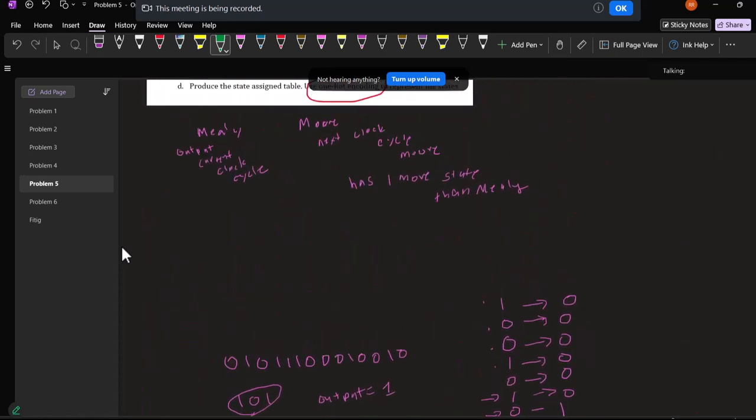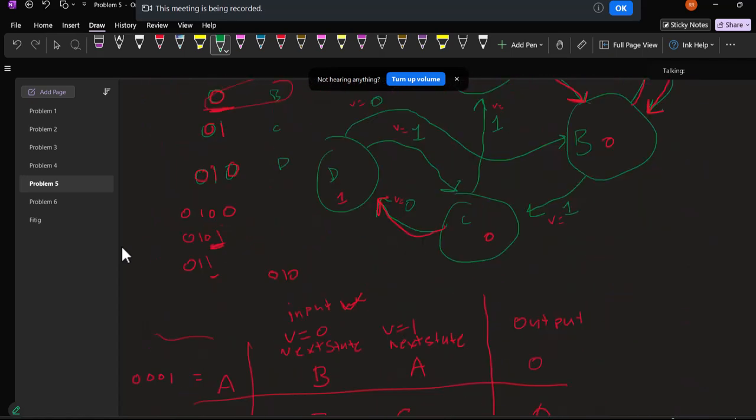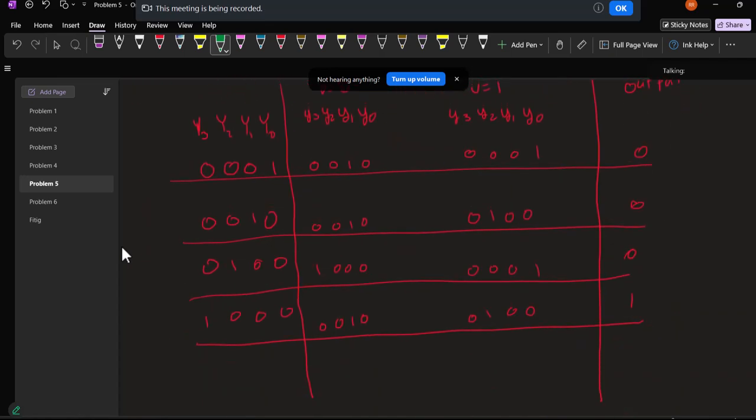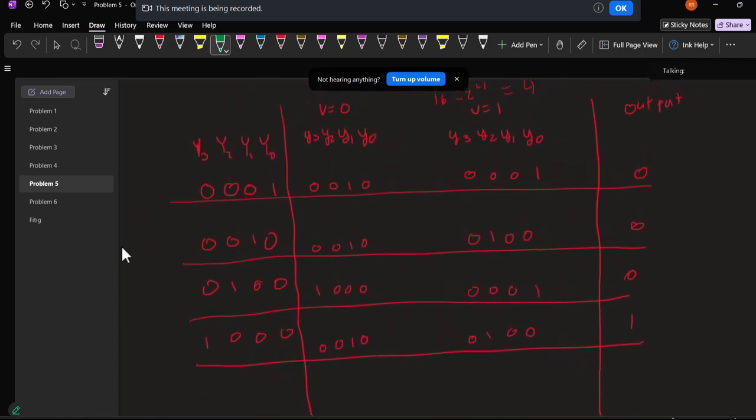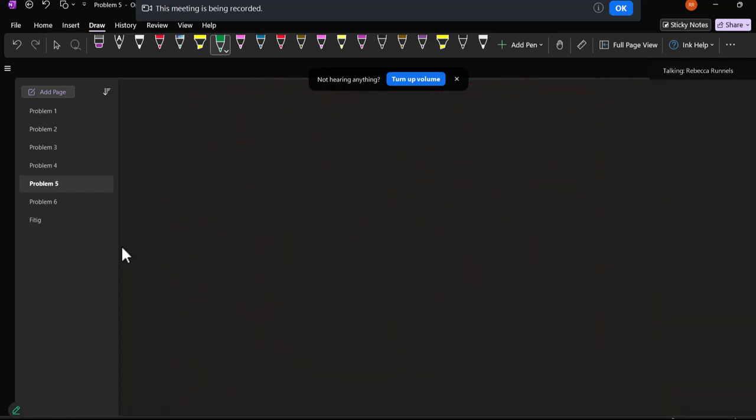So, yeah. We had 4 states. The way I would do this, if the directions were to use a minimum number of flip-flops, is I would have A as 0, 0, B as 0, 1, C as 1, 0, and D as 1, 1. 2 to the 2 is the number of states.